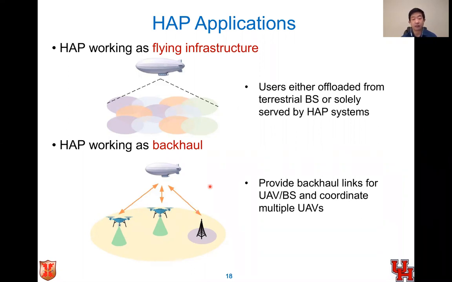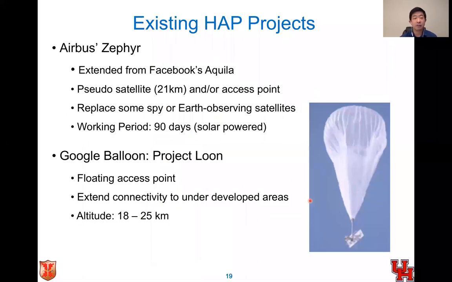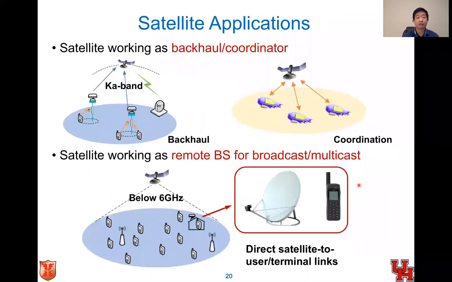Also because the link there is great, with no scattering around, the HAP can work as a backhaul for the overall network. Existing HAP projects are Airbus, Google balloon, and so on. You see that this is just a balloon. Also in Taiwan, I saw a balloon at a university.